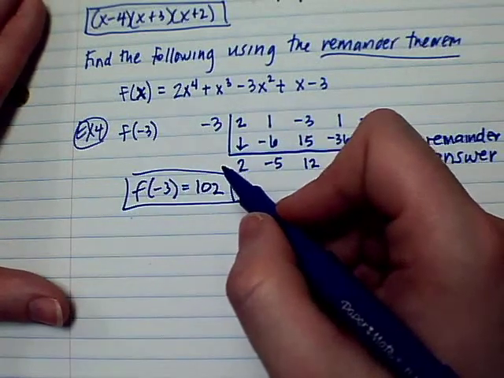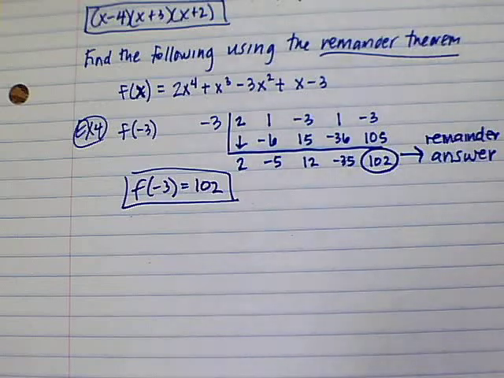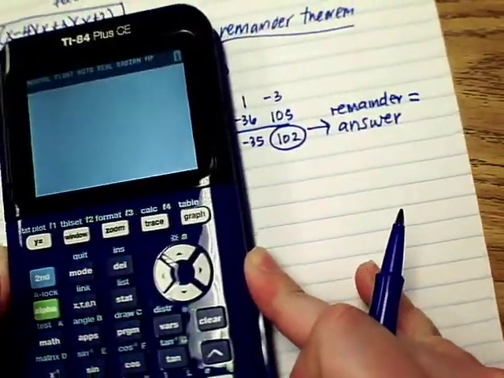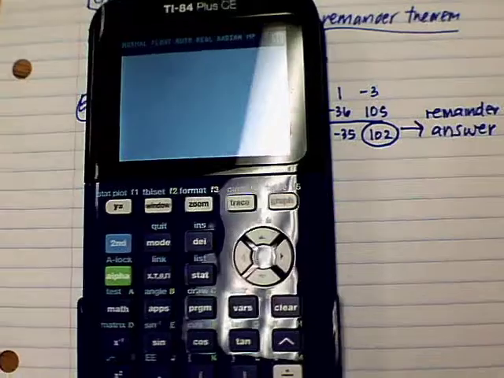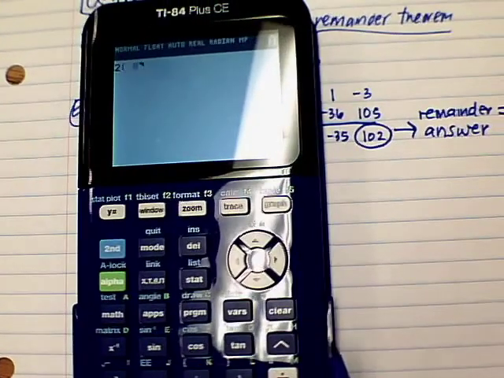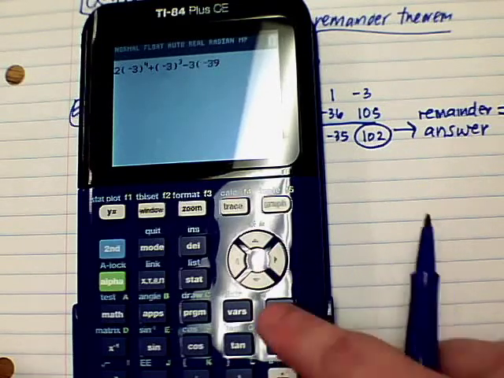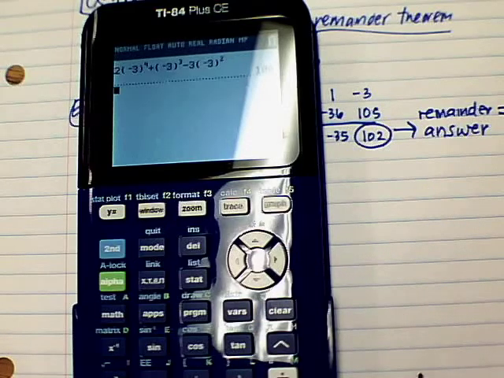So if I wanted to check that, I could take my calculator and let's see if I can do this without a glare. Here we go. So I would take my equation, 2 times negative 3 to the 4th plus negative 3 cubed minus 3 times negative 3 squared plus negative 3 minus 3.